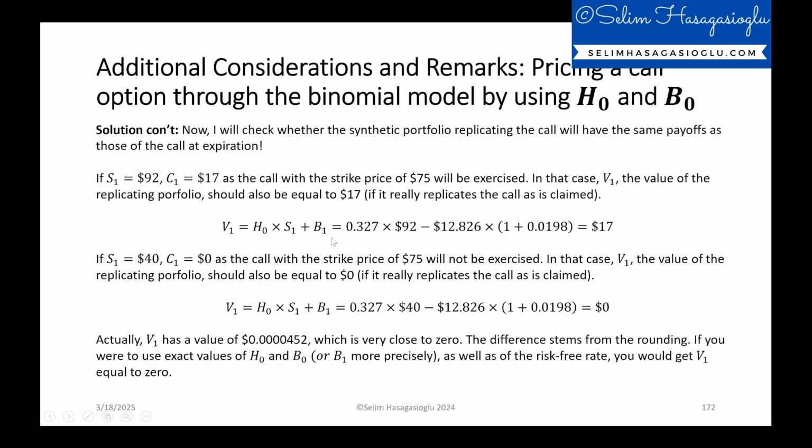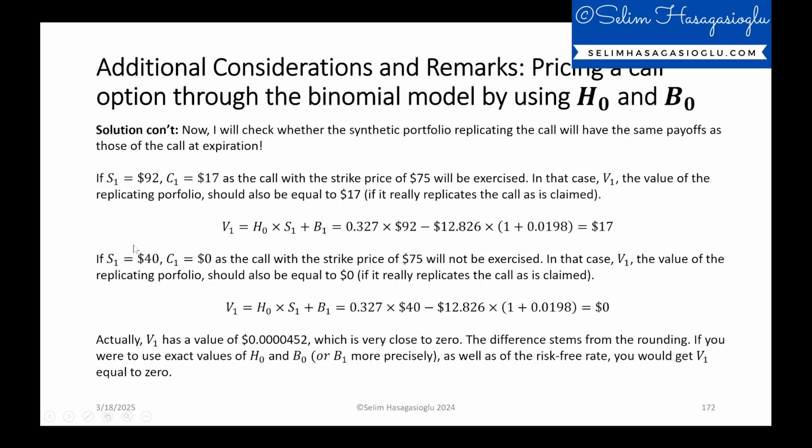Actually, B1 is B0 multiplied by 1 plus R because we are looking at the future value of the amount borrowed. This should be equal to $17, which is the same as the call payoff. So the portfolio really replicates the call.